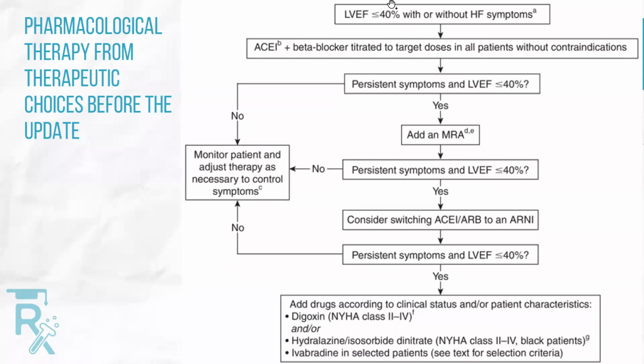I don't use atenolol, for example. I don't use propranolol. I only use bisoprolol, metoprolol succinate, or carvedilol. These three members only show a benefit in decreasing mortality in congestive heart failure with reduced ejection fraction.